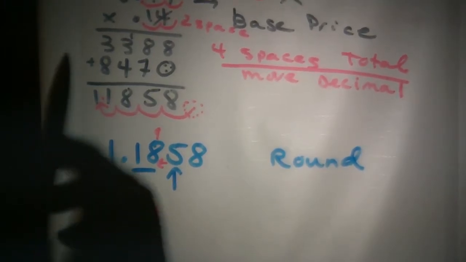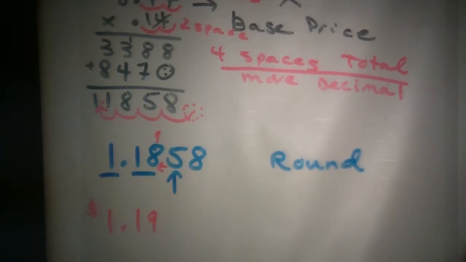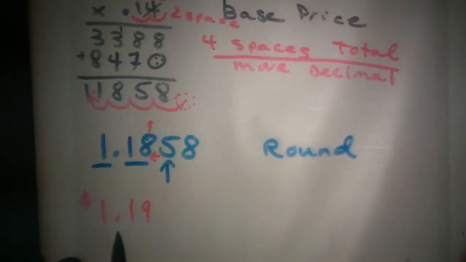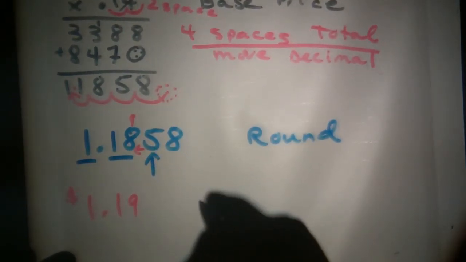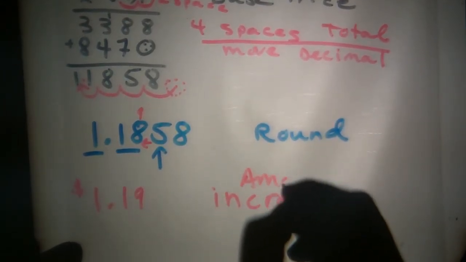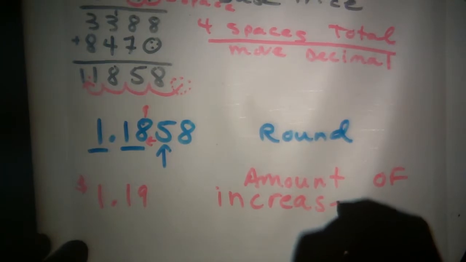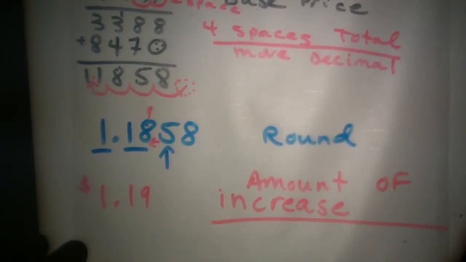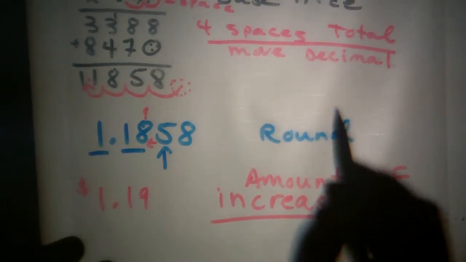And our unit is in dollars. So this is $1.19. Does this tell us the new price of the stock? No. What this tells us is this is the amount of increase. So at this point, there's another step. This was step 1.